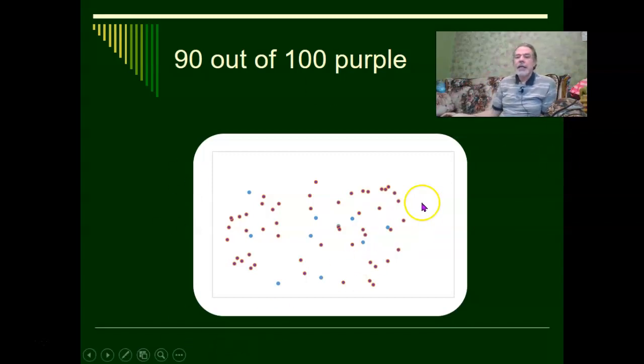Because if that wasn't the case, if you did not have more than half of the beads in the whole swimming pool purple, then something like this would be very unlikely to happen.